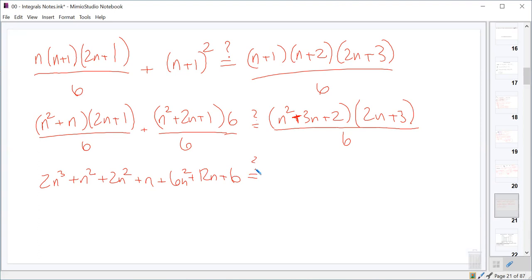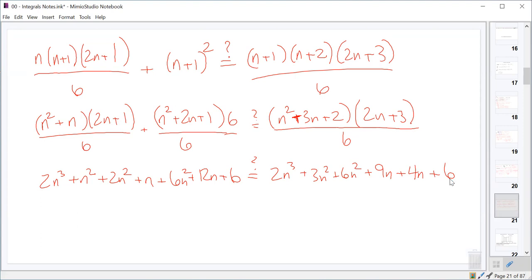And on this side, as I multiply these two polynomials together, the n squared times the 2n is 2n cubed. And the n squared times the 3 is 3n squared. Moving to the second term, 3n times 2n is 6n squared. 3n times 3 is 9n. 2 times 2n is 4n, and 2 times 3 is 6. And once again, I decided to eliminate the over 6. We don't need to bother with that.